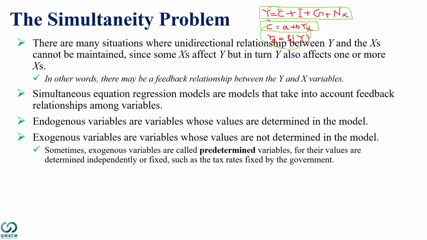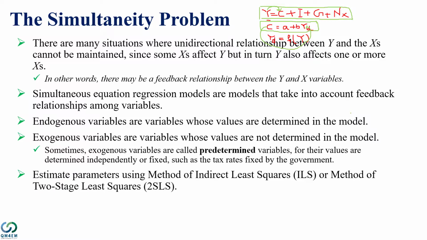Sometimes these exogenous variables are also called predetermined variables, because their values are independently fixed. For example, when we think about introducing tax here, which the government collects, the tax would be fixed by the government, so it's a predetermined fixed value of the variable.